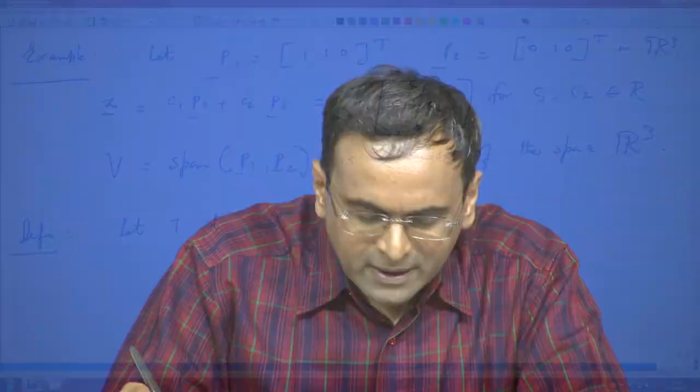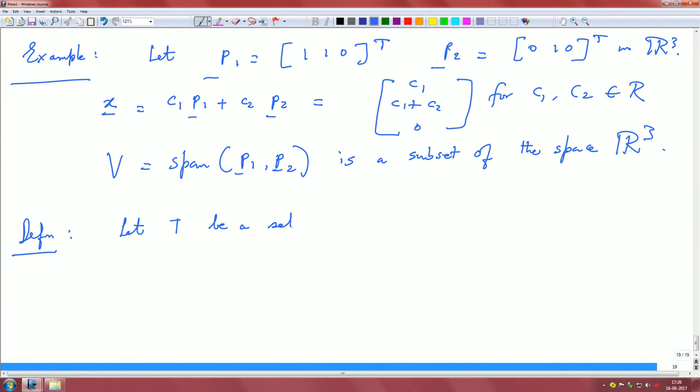So, we have one more definition here. Let T be a set of vectors in a vector space S. Let V be a subset of S, and we call this a subspace, to be very precise.